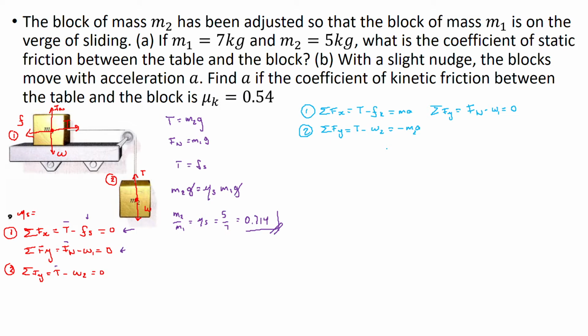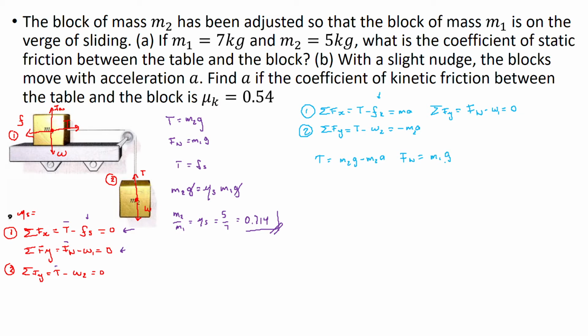So from here, we need to find the acceleration. We need to find somewhere to substitute everything, and I'm going to substitute everything here. From the second equation, the tension is going to be equal to mass 2 gravity minus mass 2 acceleration, and the normal force is going to be mass 1 times gravity.